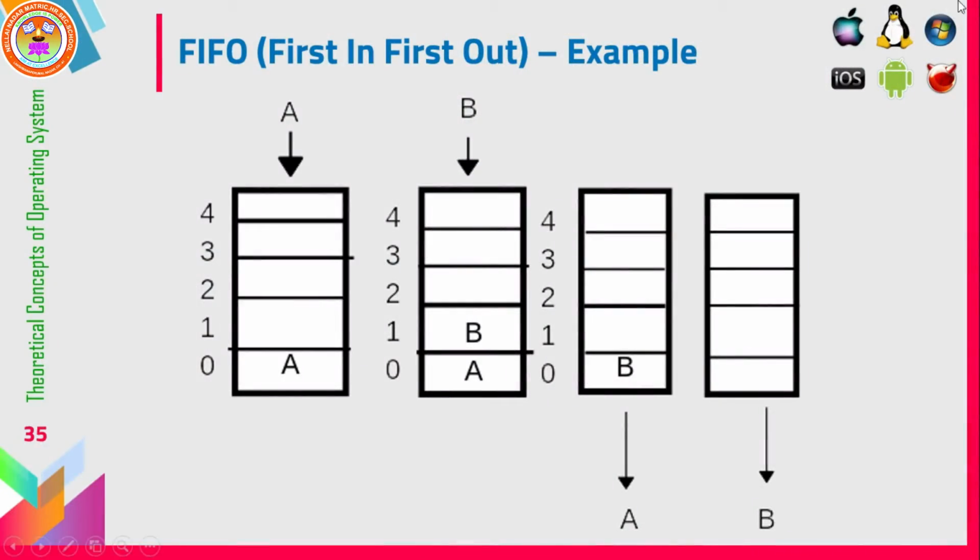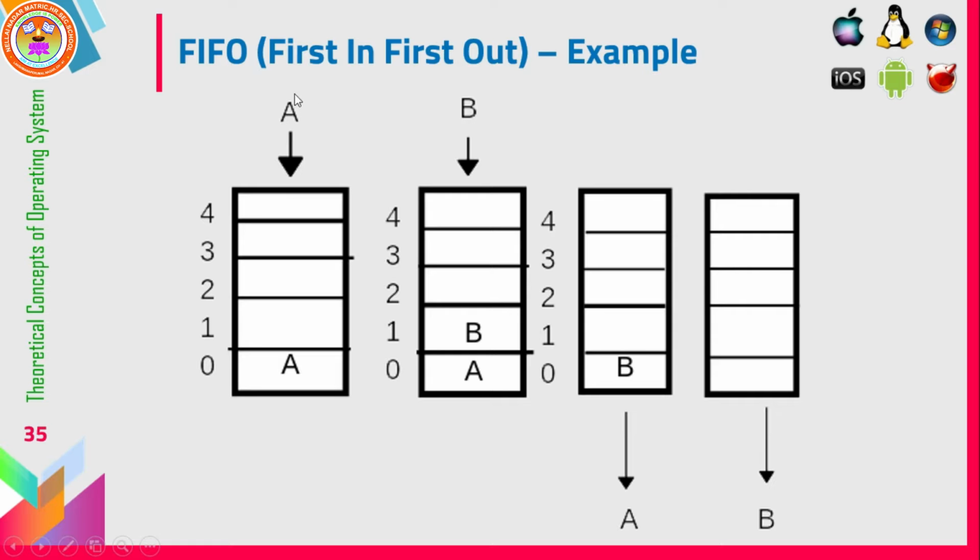See the example of first in first out. In this location, there are different stages 0, 1, 2, 3, 4. At the very first, A enters. Then B enters, so automatically a queue is created. Of these two, which one entered first?